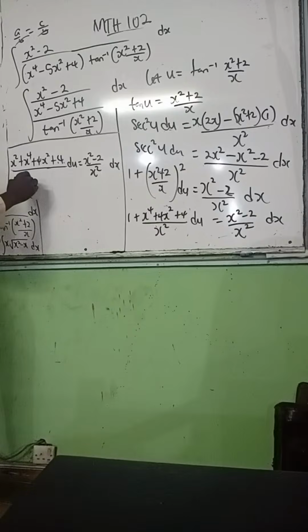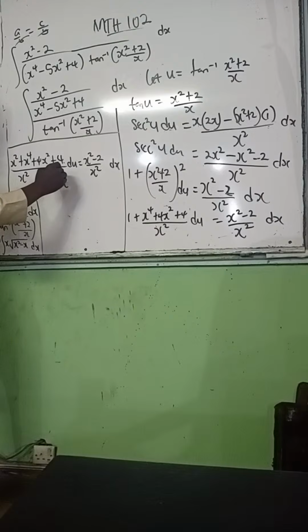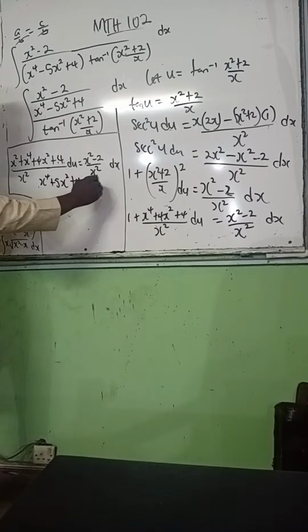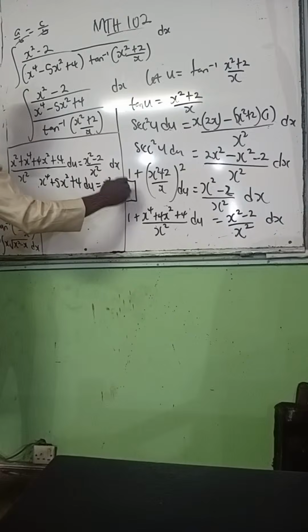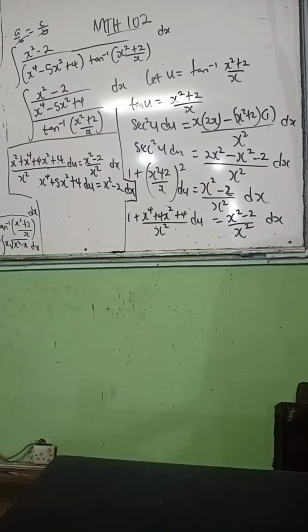So here we can say (x to the power 4 plus 5x squared plus 4) du equals (x squared minus 2) dx. Make dx the subject of the formula.